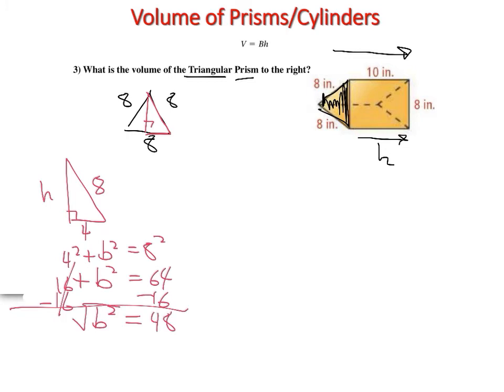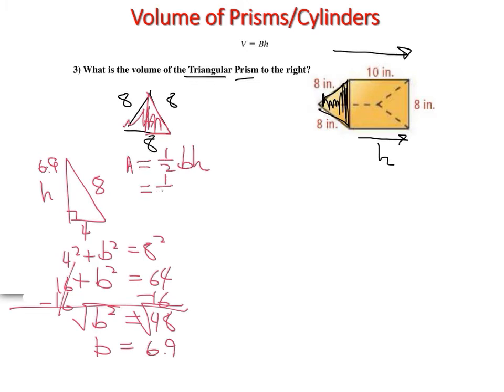Then square rooting both sides, we get that b value is 6.9. So that's the height of the triangle, 6.9. So calculating the area of that triangle, the area is 1/2 base times height.